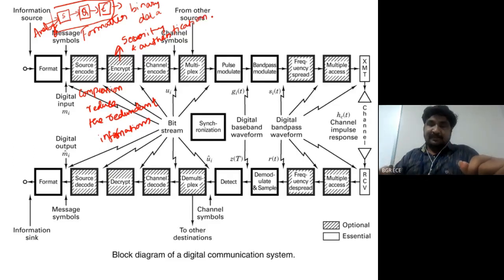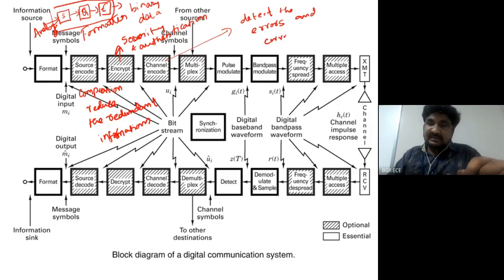And an important block called the channel encoder. In this unit, we are going to briefly study the channel encoder. This is used to detect the errors and correct them.